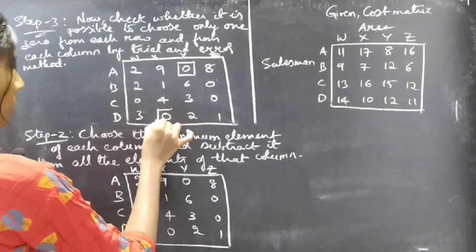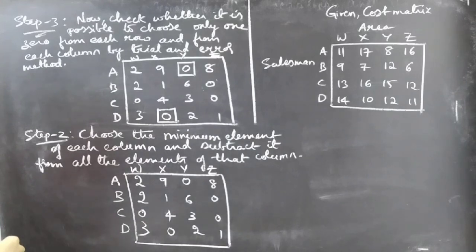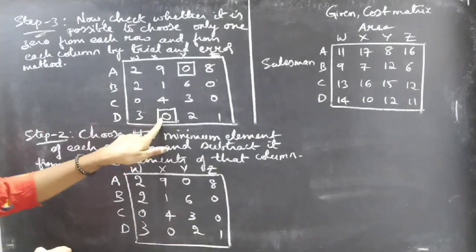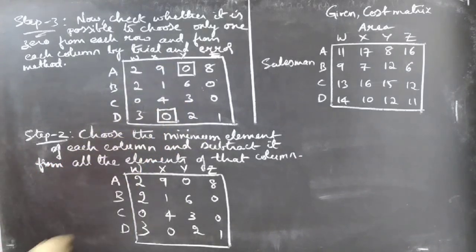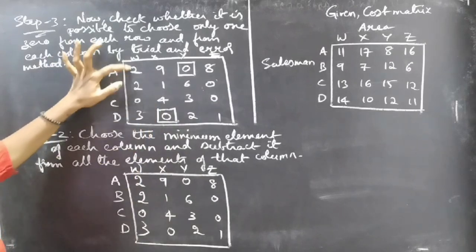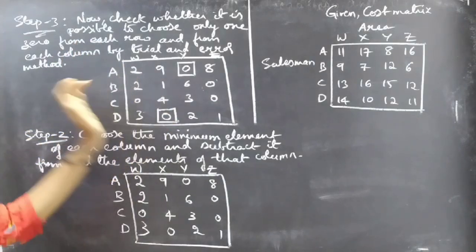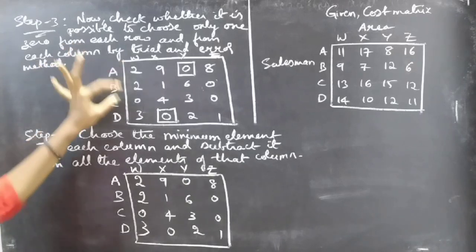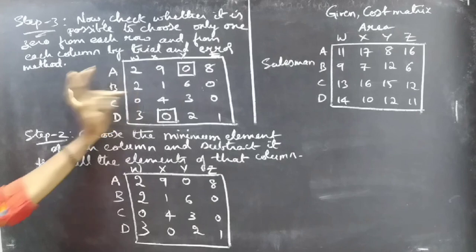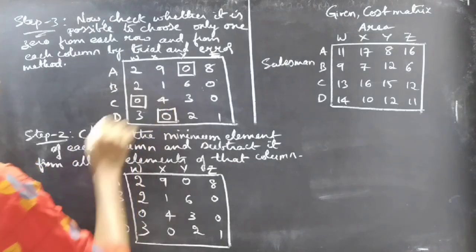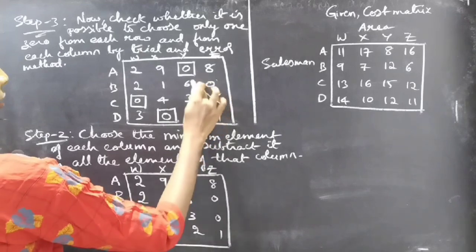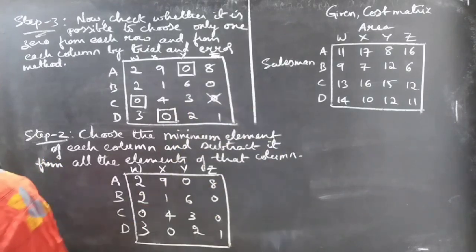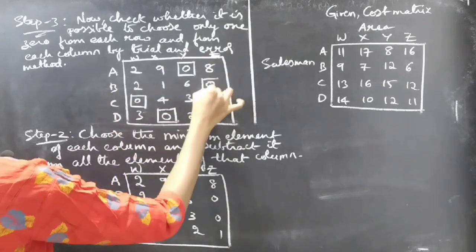And coming to the last row, in the last row we have only one 0 from D and from column X, right? Now we have checked rows, right? Now coming to columns, in W we have only one 0, right? So we'll assign this and cross the remaining 0 in the corresponding row or column. And you are left with one 0 in Z and B, so just assign this.